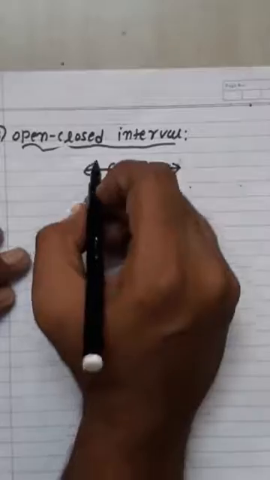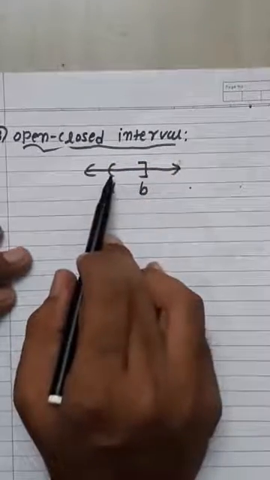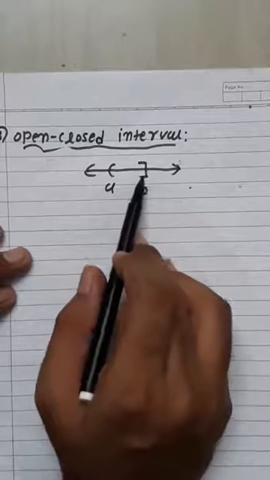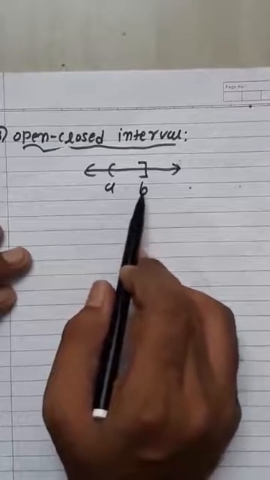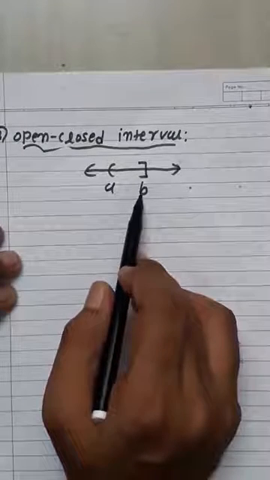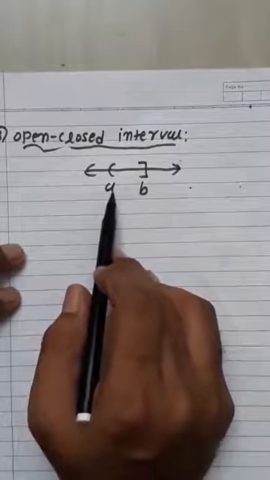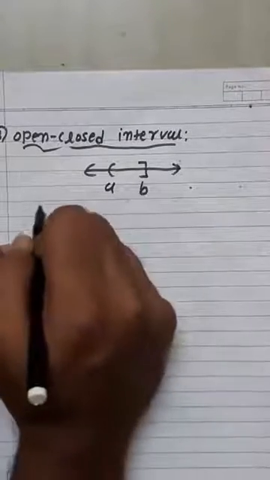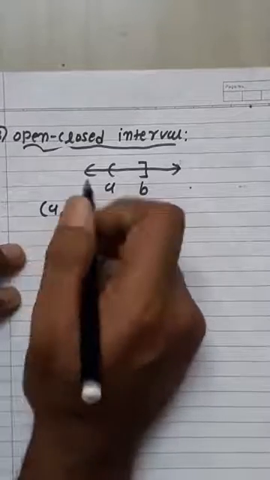So open-close (a, b] means all the values between a and b, but we cannot include a and we include b, because b is present in closed form, so we can include b and not include the value of a.